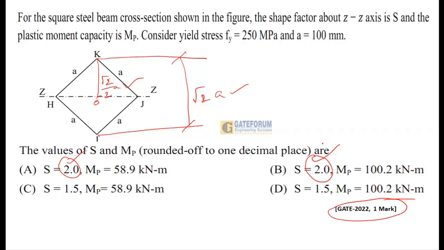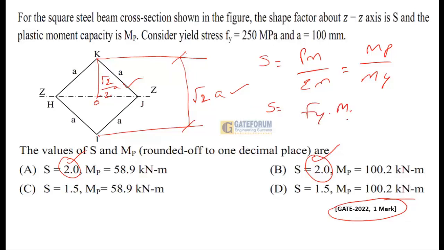Let us find MP, that is the plastic moment capacity. To find it, we have the formula: shape factor is equal to plastic moment by elastic moment, that is MP by My. Again we can write shape factor as Fy into ZP by Fy into ZD, that is ZP by ZD, plastic moment by elastic moment.